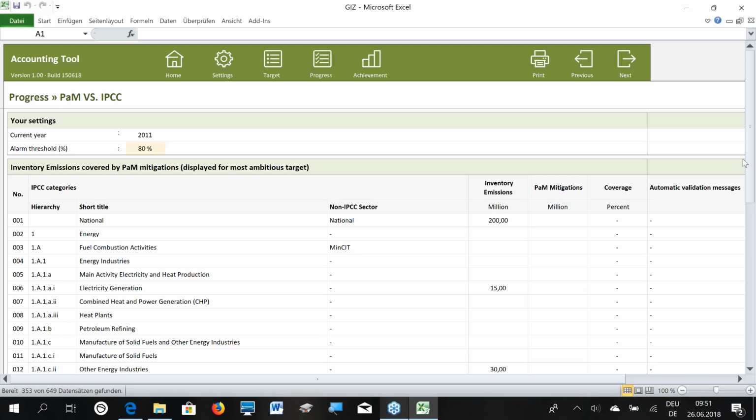And on the top left, you can indicate the alarm threshold. So if you would come close to 100%, for example, or be above 100% of coverage, meaning that your reductions exceed the emissions of a certain IPCC subcategory, an alarm message would pop up then. So this is already the data on progress.